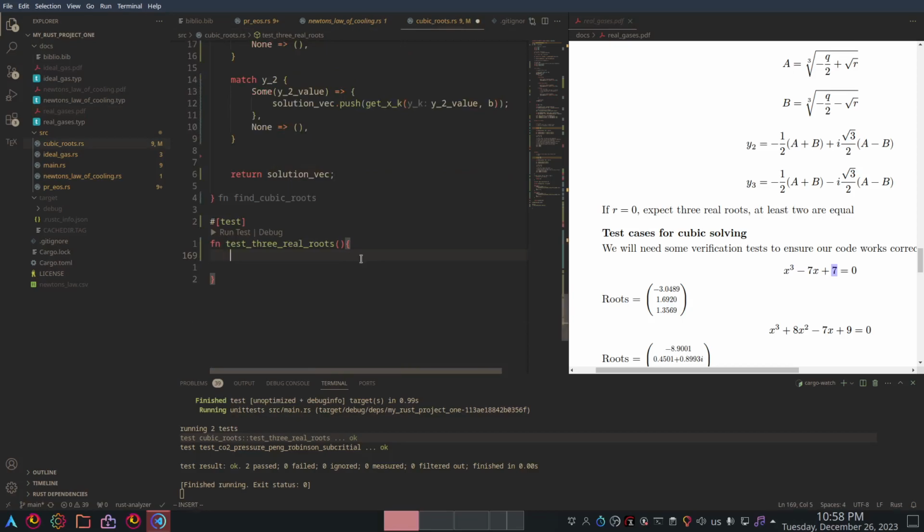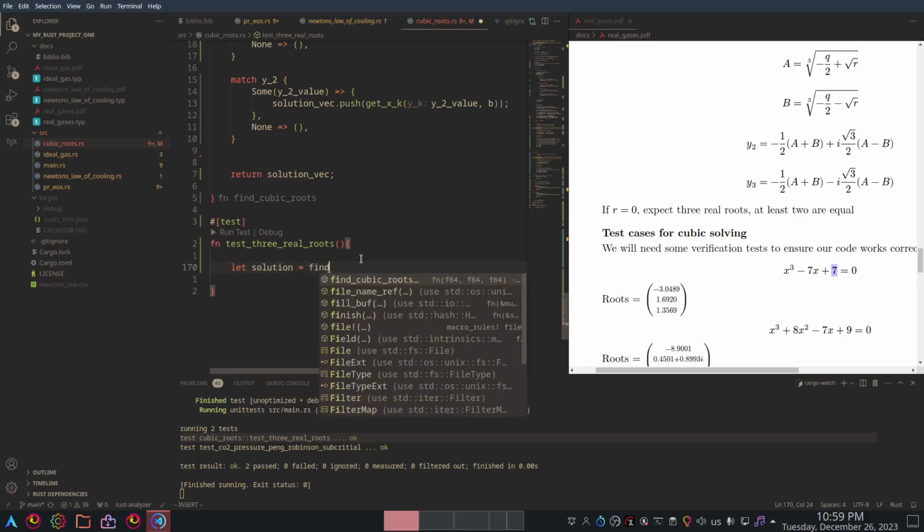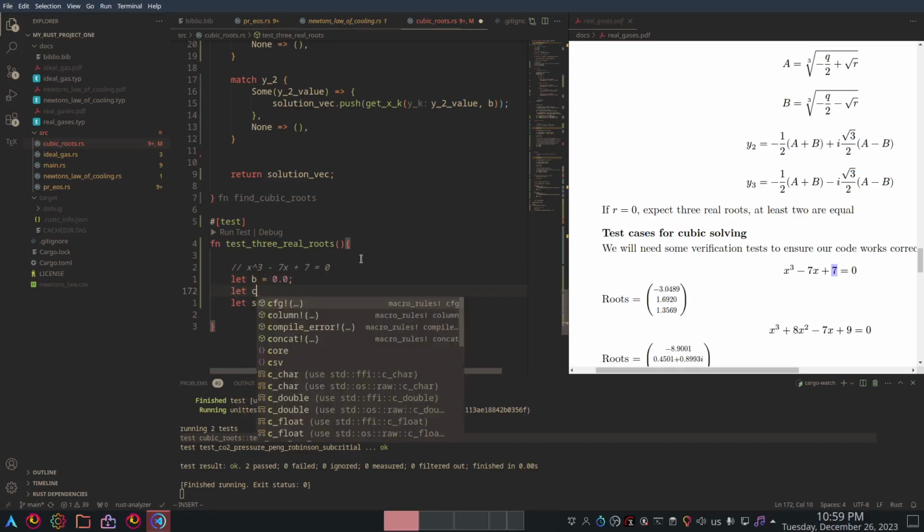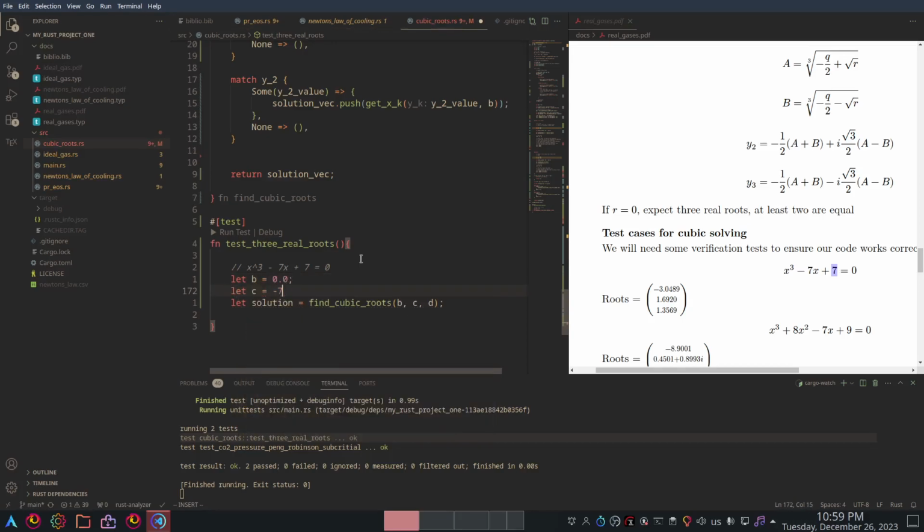Okay, so find cubic roots. Let solution equal find cubic roots of B, C, and D. So I want to write here x cubed minus 7x plus 7 equals 0. That's what I'm trying to solve. So let B equal 0.0, let C equal -7.0, let D equal 7.0.